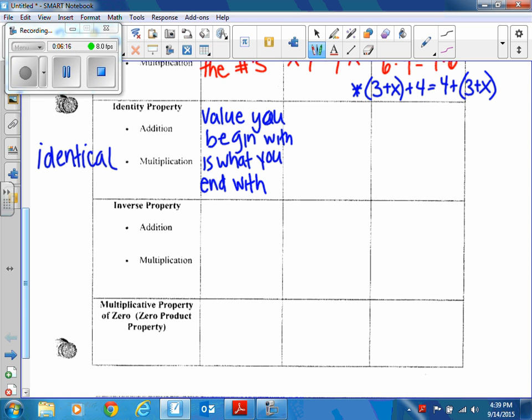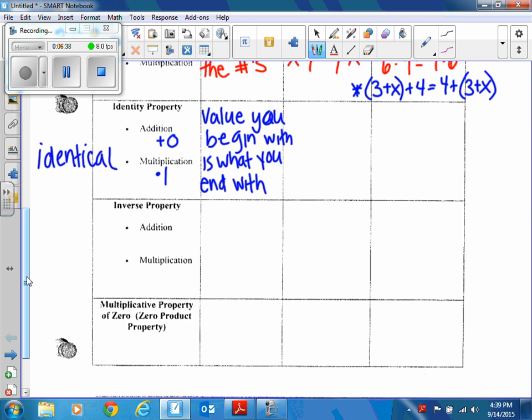What I mean by that is with addition, we're going to add 0. If you add 0, it doesn't change. And with multiplication, you're going to multiply by 1. You may also have heard additive identity or multiplicative identity. That's the same thing we're talking about right now.